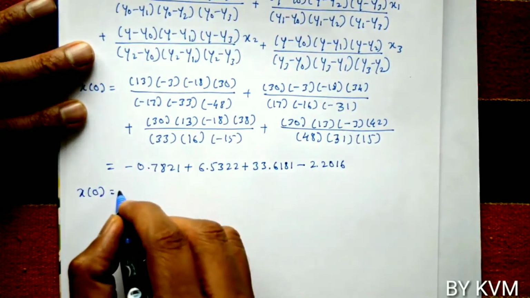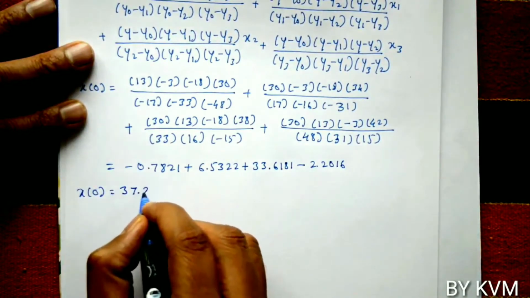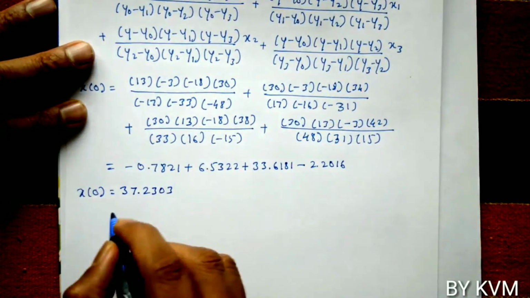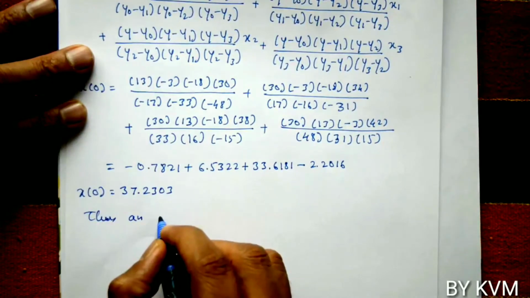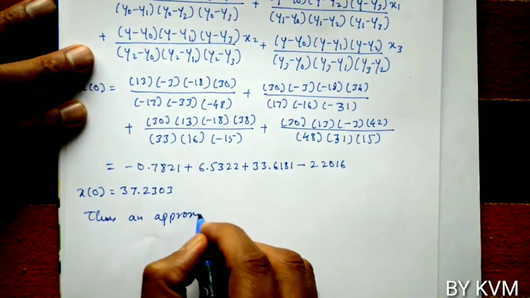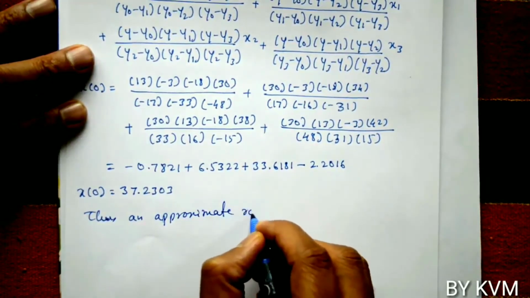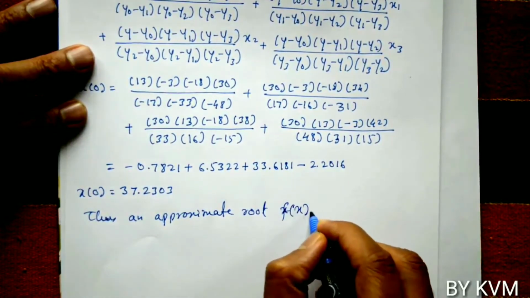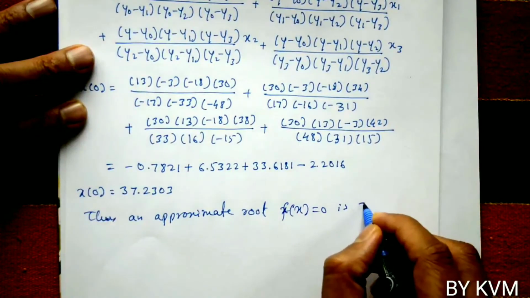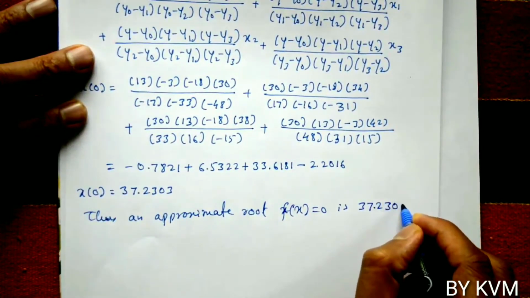So x of 0, adding all the values, we get 37.2303. Thus an approximate root of f(x) = 0 is 37.2303.